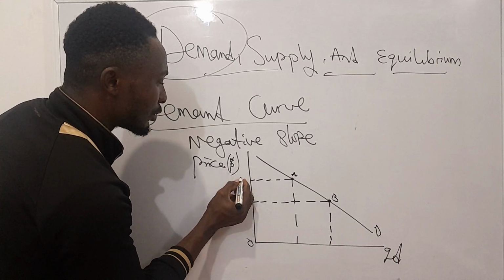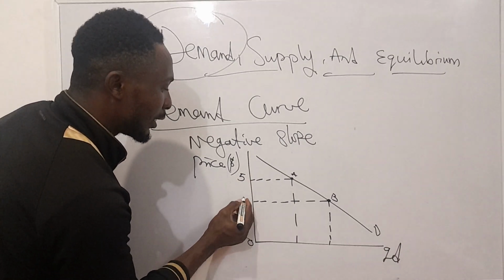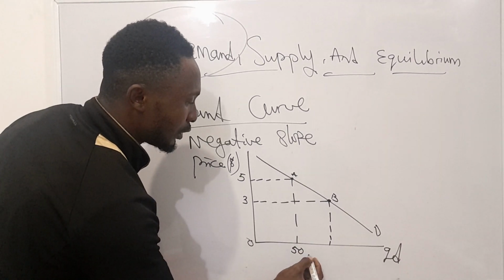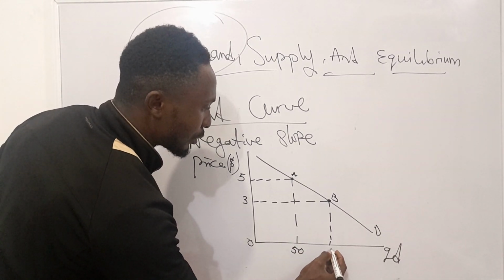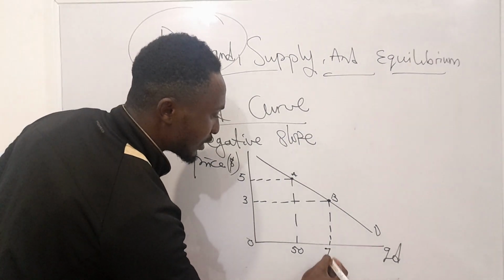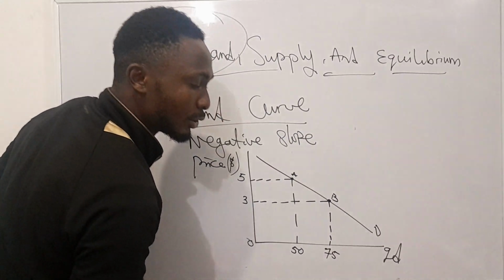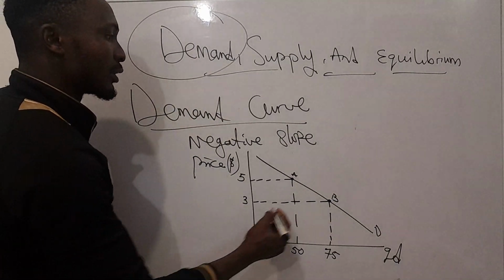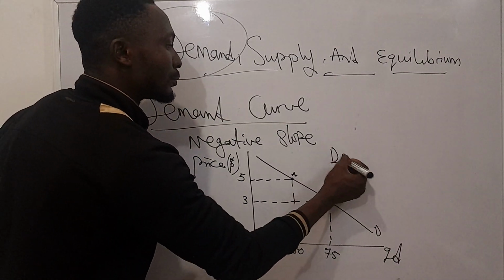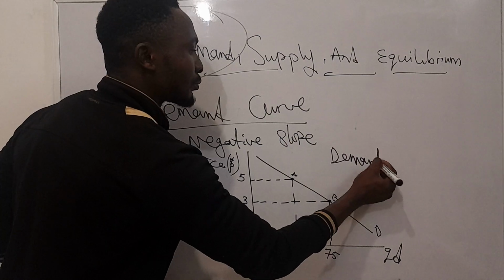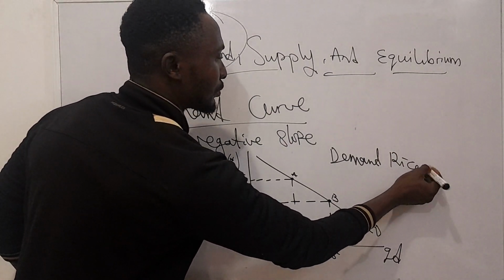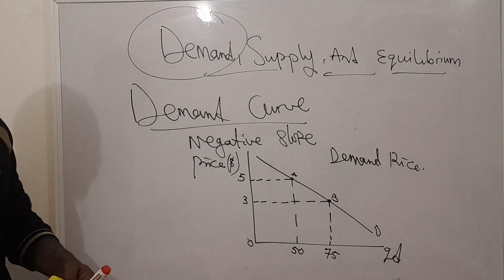So if we have this in dollars, I call this $5 and $3, and then I call this 50 units, and let's say 75 units. So this is the demand curve. Let's call this the demand for rice.